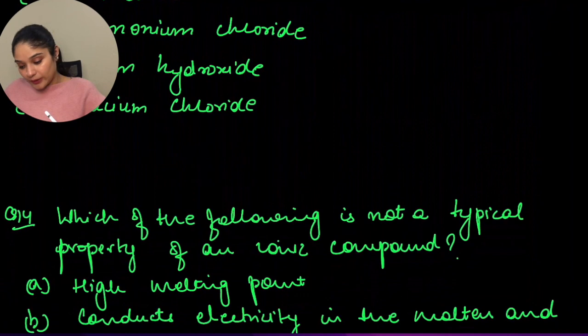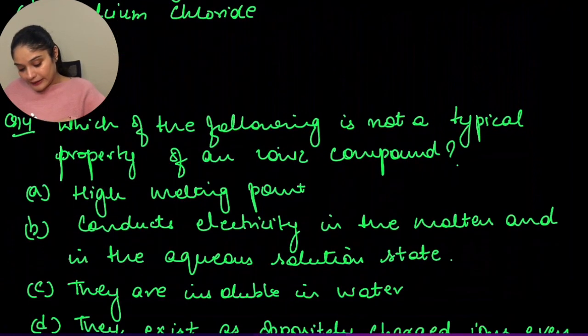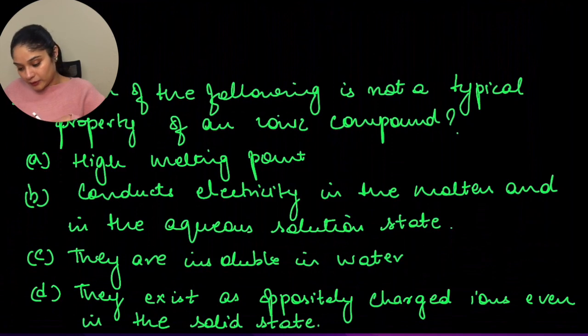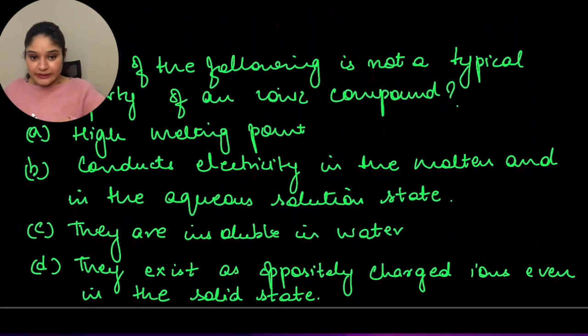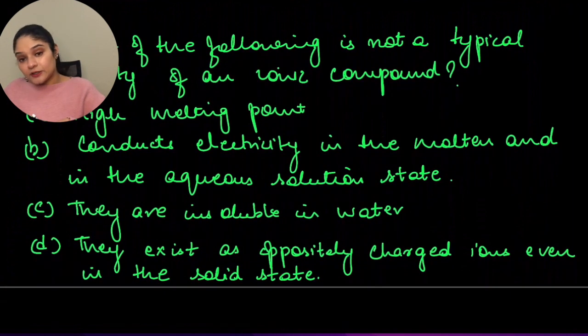Which of the following is not a typical property of ionic compound? So ionic compounds have a high melting point, that we know. They conduct electricity in molten and in aqueous solution. Yes, we know that because they can easily break down into ions and hence a good conduction of electricity. Then the next is they are insoluble in water. Yes, this is not a typical property of ionic compounds because they are soluble in water.